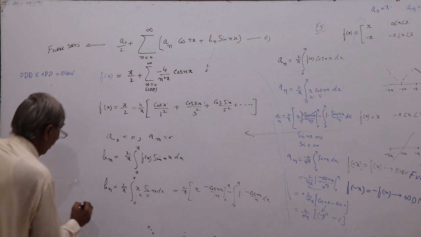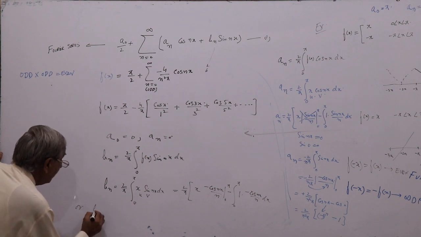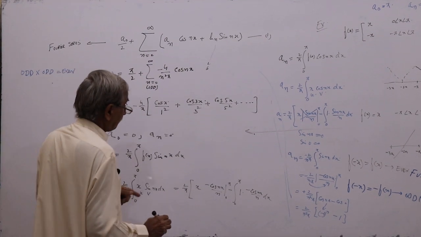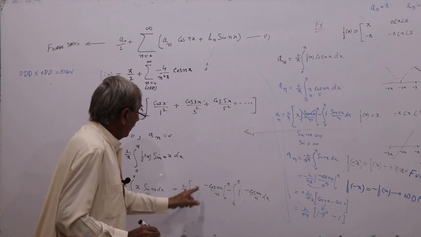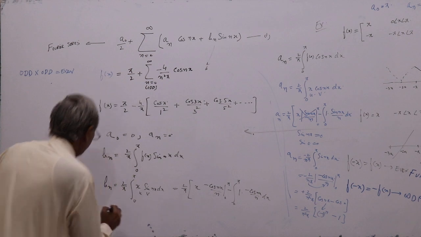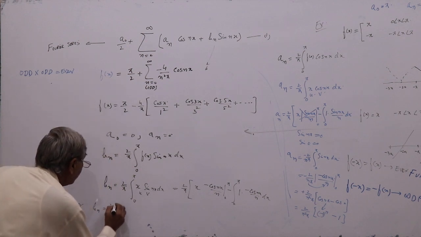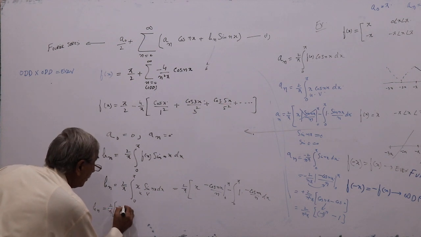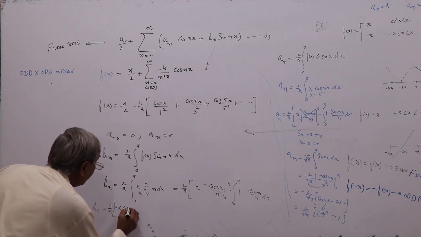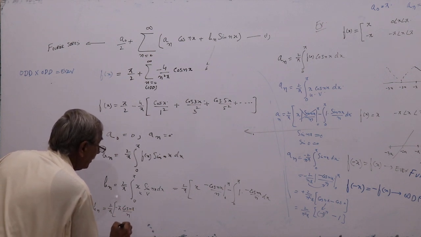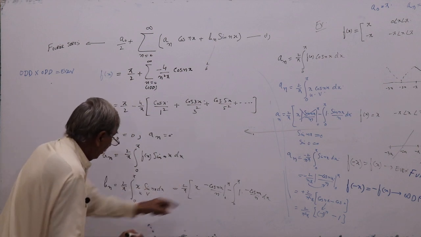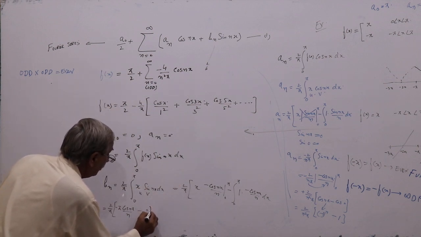Now let's substitute the limits. When it is pi, 2 over pi, pi times minus cosine of n pi over n, minus x is 0, it is 0.